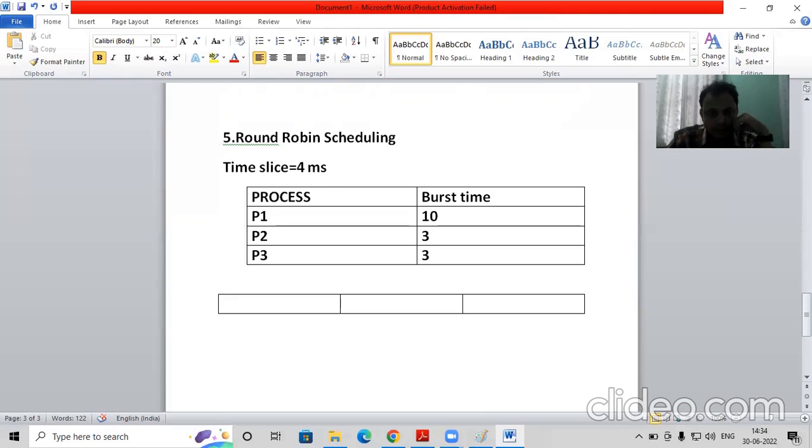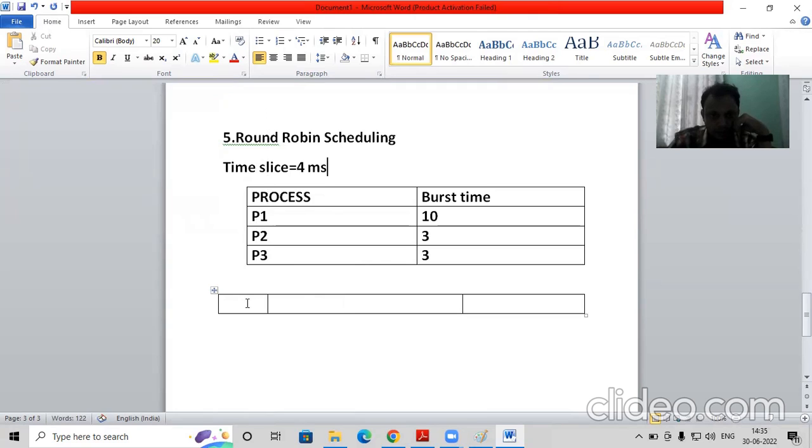Within that 4 milliseconds, if any process can finish its job, then okay. If it is not finished, it will be rescheduled again. Time slice means a small time quantum is used for each process. A process can execute only up to that time quantum. If within that time quantum it finishes its execution, okay. If not, again it will be rescheduled. This technique is used in round robin scheduling.